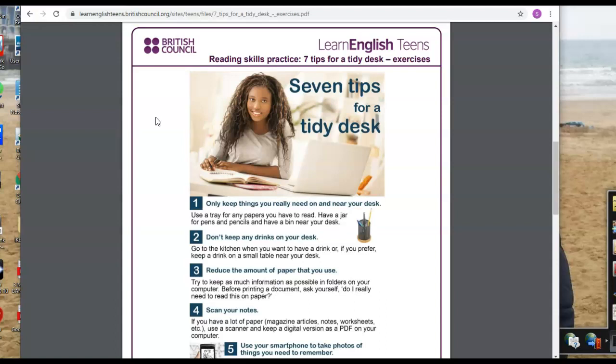So if you see a verb like this in your reading, you know it's going to be to either give an order, give instructions, or to give advice. And here we have 7 tips to give advice for a tidy desk.